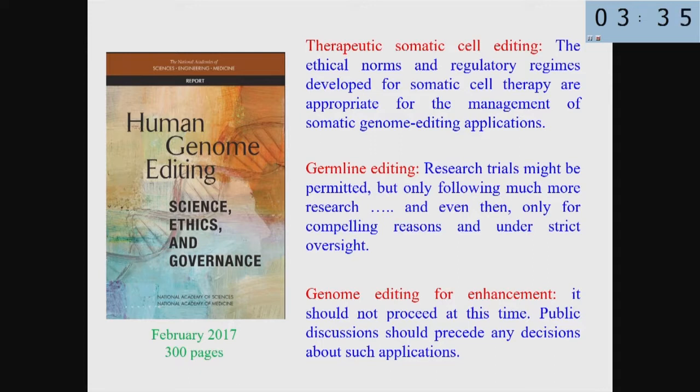Now, in the case of germline editing for therapeutic purposes, research trials, according to the NRC, might be permitted, but only following much more research, and even then, only for compelling reasons and under strict oversight. In contrast, genome editing for enhancement should not proceed at this time, and public discussion should precede any decisions about such applications.